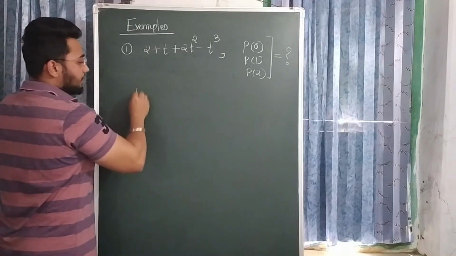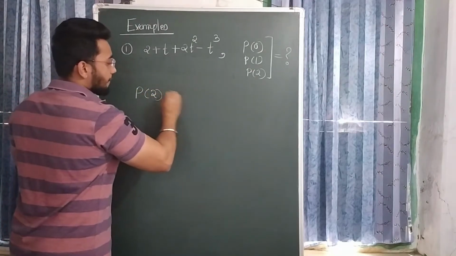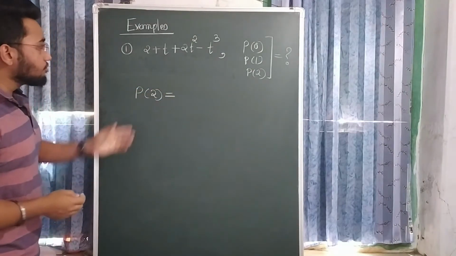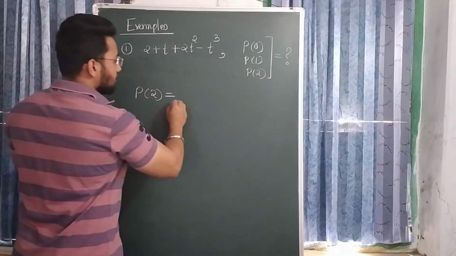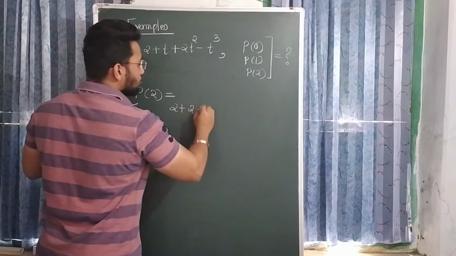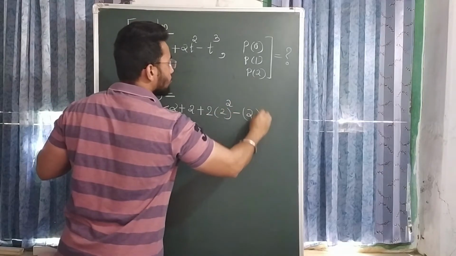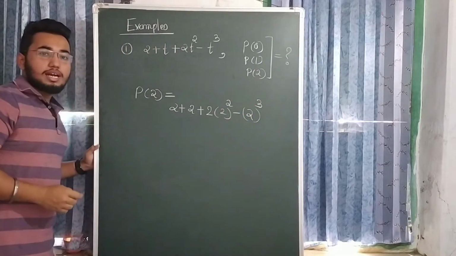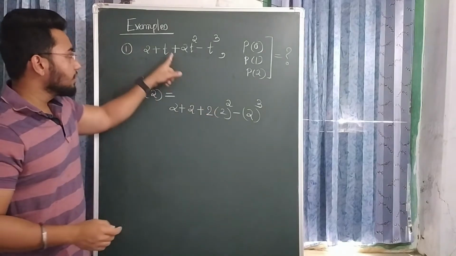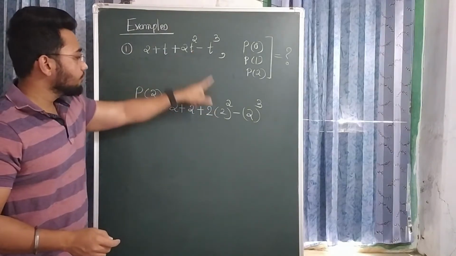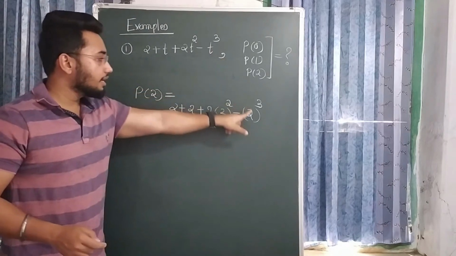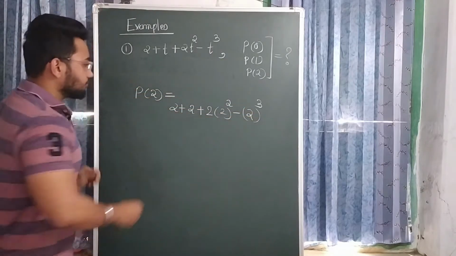Now next, P in the function of 2. Now simple, we have to put 2 in place of t. 2 plus 2 plus 2 times 2 square minus 2 cube. You see, I am just putting 2 in place of t. Here is a 2, there is also 2. In place of t, I just have to put 2.